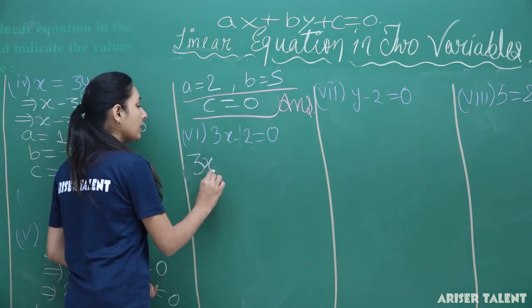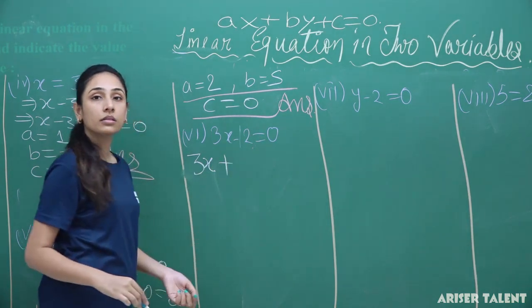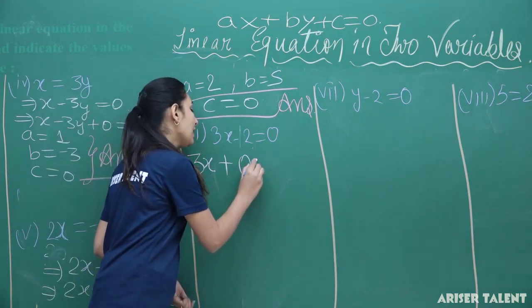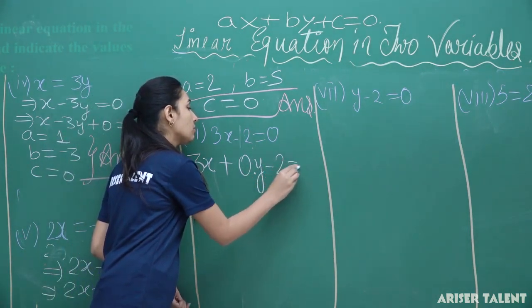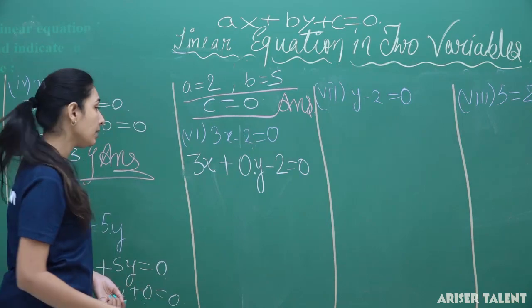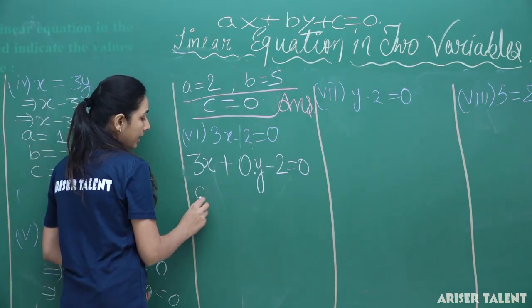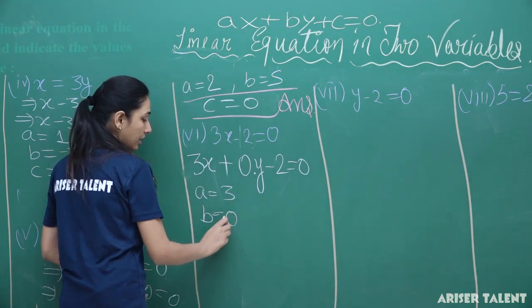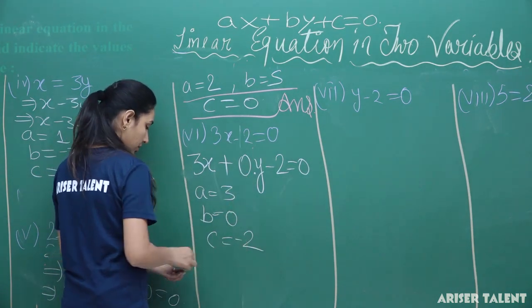So how can we write it? 3x plus 0 multiplied by y minus 2 equals to 0. What it's giving me is a equals to 3, b equals to 0 and c equals to minus 2.